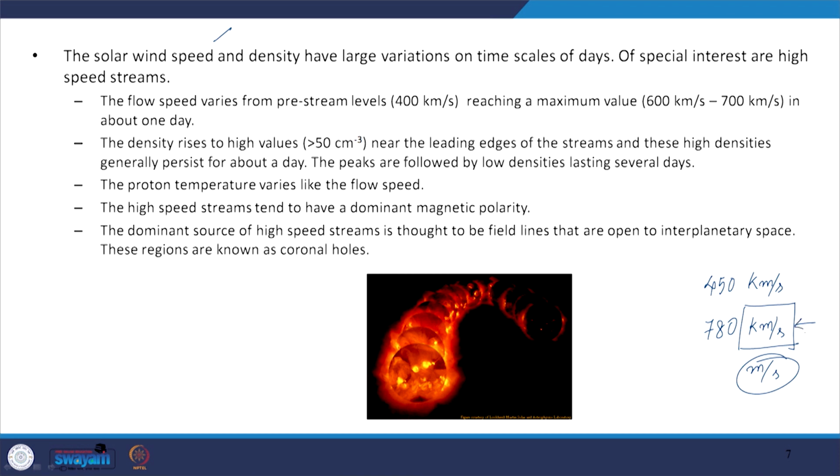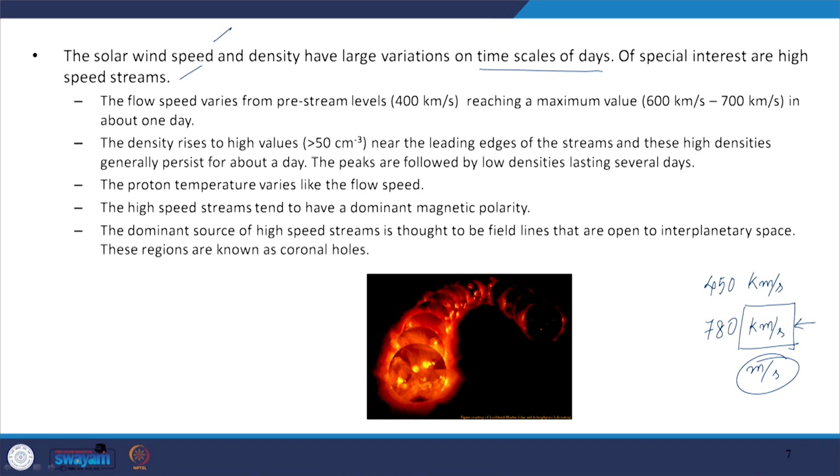The solar wind speed and the density have large variations on time scales of days. The variation can of course be between solar cycles, between maxima and minima, but the density and the wind speed can have large variation over the time scales of days itself. Of special interest are the high speed streams. These are more important phenomena.